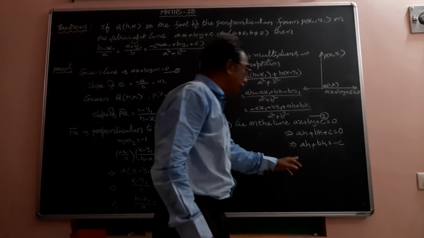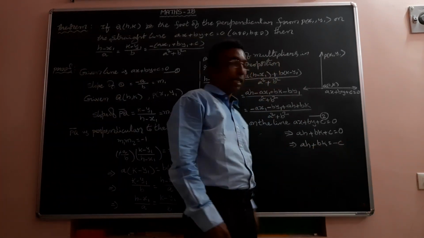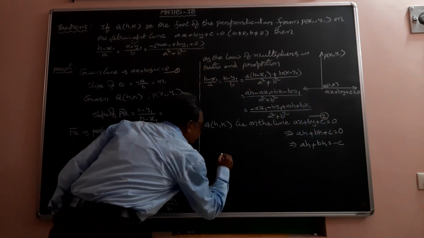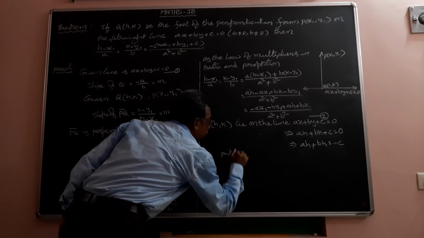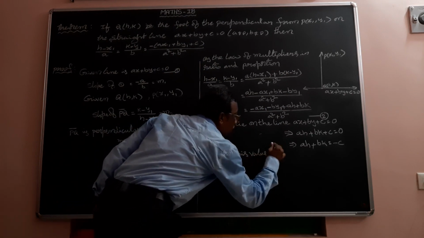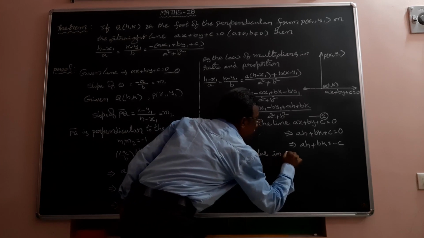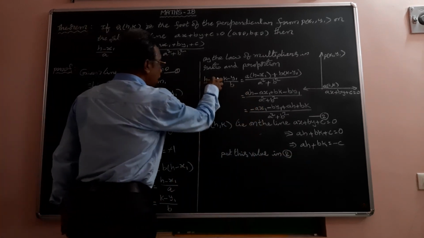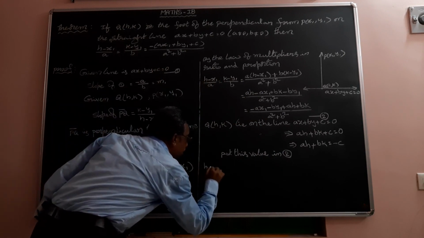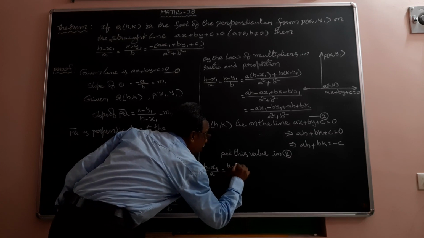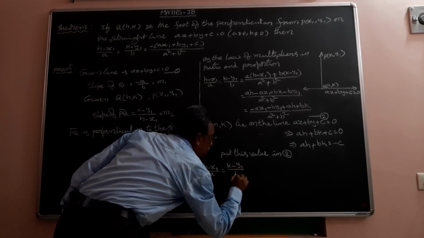Ah plus bk value is minus c. Put this value in equation 2, into my (h minus x1) by a equals (k minus y1) by b.